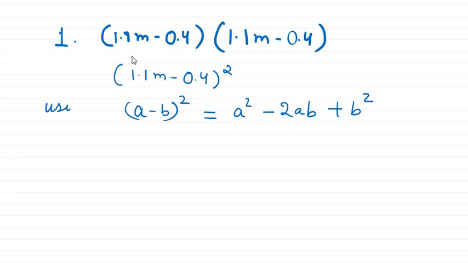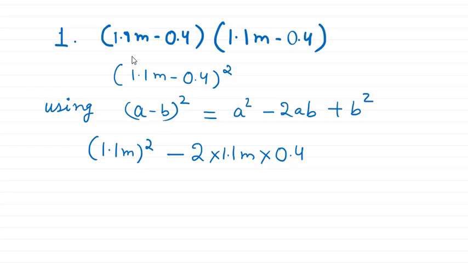Whenever you solve these questions, write using this identity and then expand it. So the square of the first term is this, minus twice the first term 1.1m into 0.4. Remember not to give the minus sign again; you have given it once here, so just keep it like this. And the second term is 0.4 square.